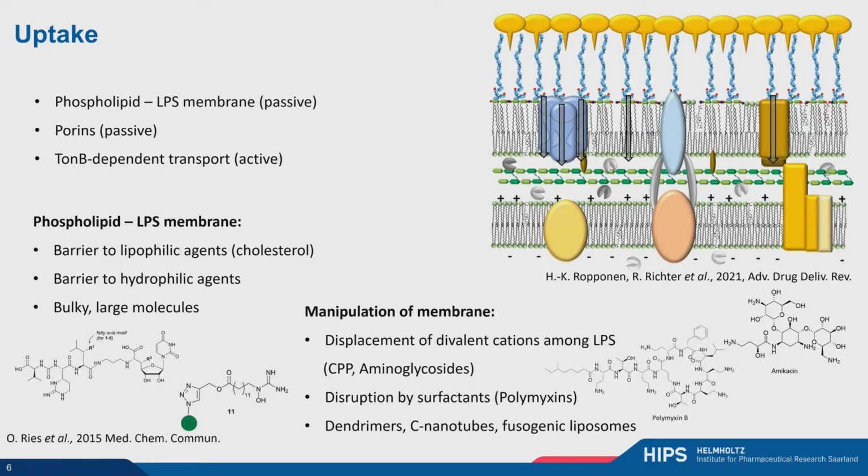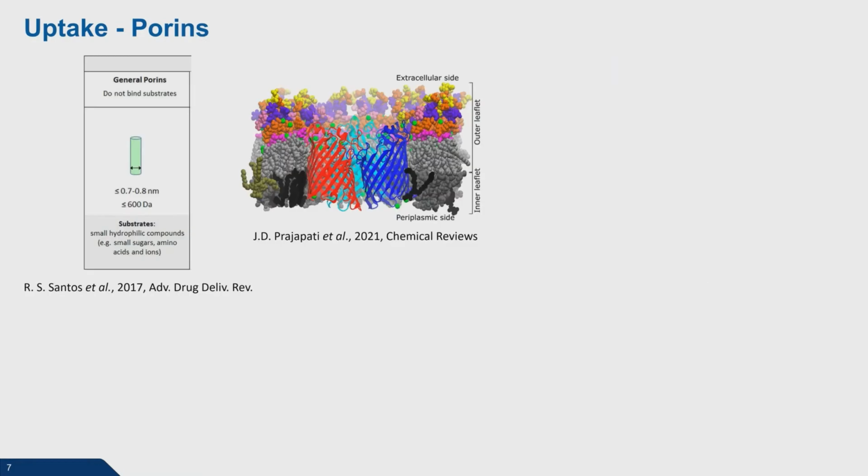If you have more than one nitrogen, you might also allow for self-promoted uptake, by which I mean the displacement of divalent cations from the outer membrane. This might be effective even for compounds that are a bit larger than 600, 700 Dalton. Also, if you increase the charge by introducing nitrogens, you also decrease the efflux.